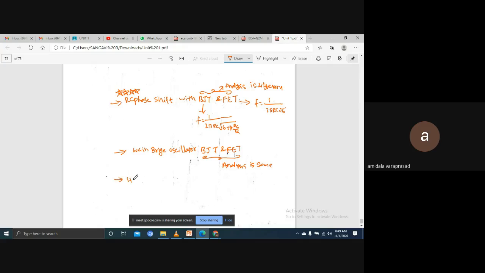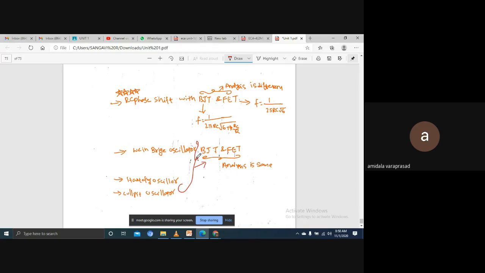Next, the Hartley oscillator. Next, the Colpitts oscillator. For these, using BJT and FET, the analysis is the same.